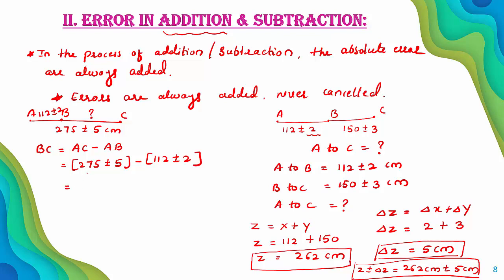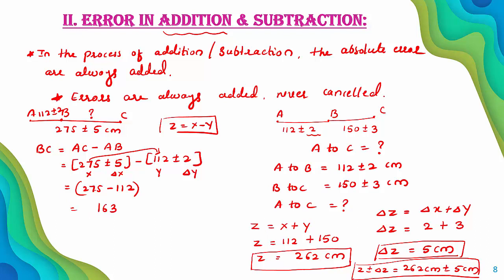So this is X, delta X, Y, delta Y. Whether we have to add or subtract, we have to subtract. That is Z equal to X minus Y, actual values. So 275 minus 112, we have to subtract. What is the answer? 275 minus 112, that gives 163. This is the value of Z.